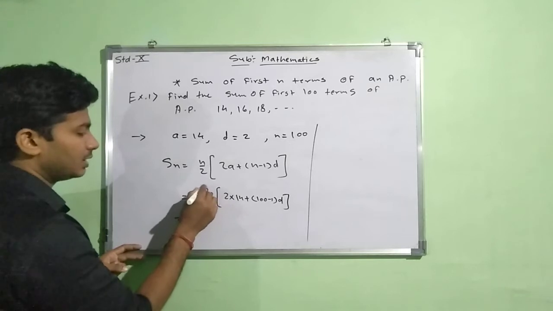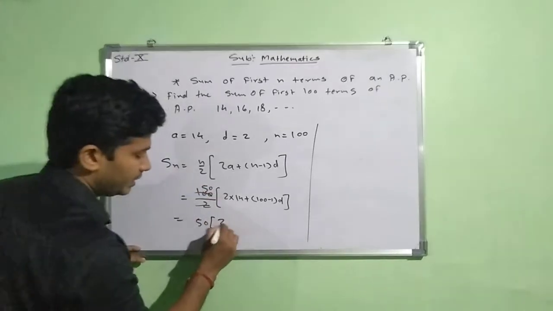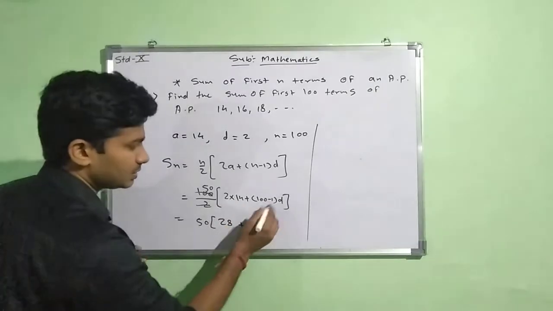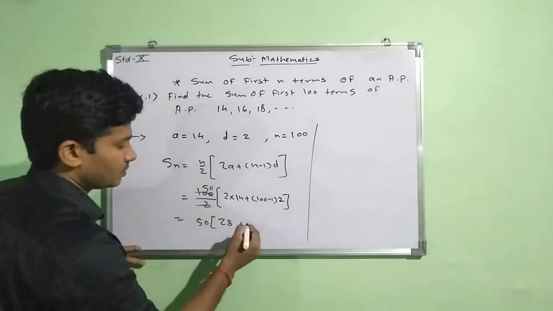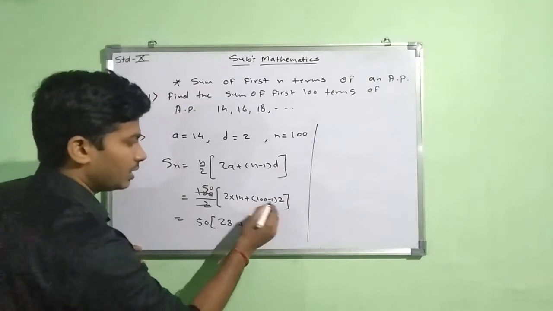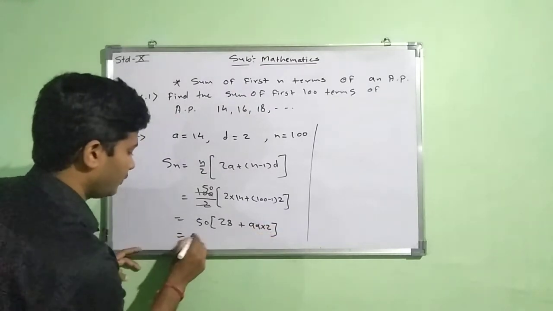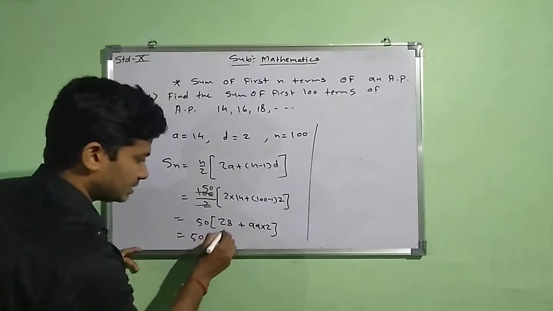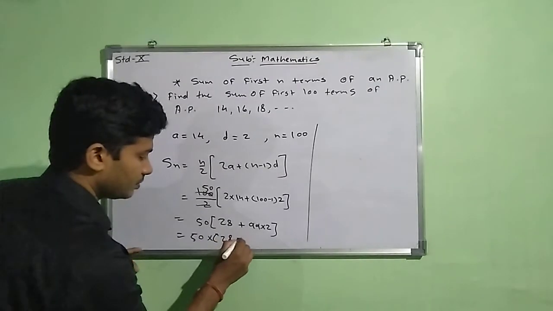Now we can cancel 100 by 2, which is 50. Then 14 into 2 is 28, plus 100 minus 1, 99, into the value of d, which is 2, so 198. So 50 multiplied by 28 plus 198.